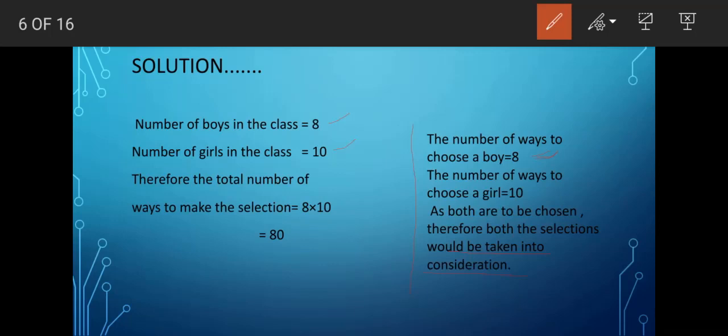The main word to join the tasks is 'and' here. Therefore the total number of ways to make the selection is equal to 8 into 10, which is equal to 80. This 8 stands for the number of options to select a boy, and the number of options to select a girl is 10 here. So 8 into 10 we get as 80.